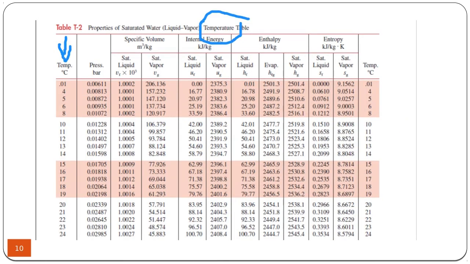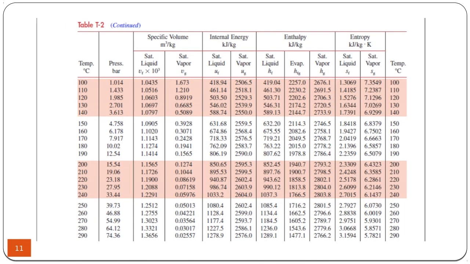For instance, for the case of temperature, if you go to 100 Celsius, you will find that the pressure is 1.014 bars, which is atmospheric pressure. So saturation temperature versus saturation pressure.